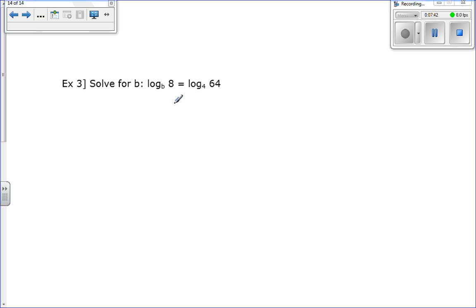Our last example is a little bit different because I don't know everything that we have here. This kind of goes back to the first day when we were working with the problem. I can simplify this value right here. Log base b of 8 is equal to log base 4 of 64.